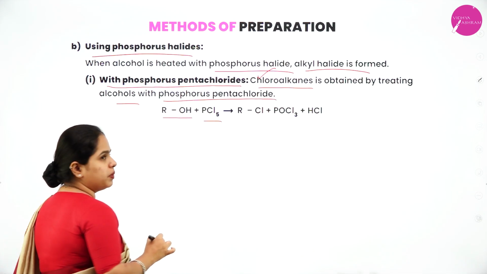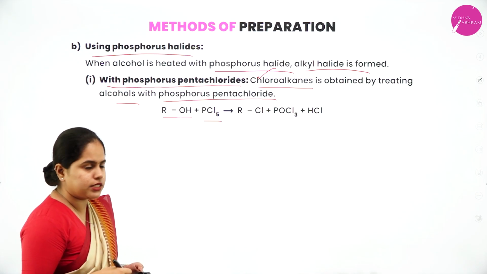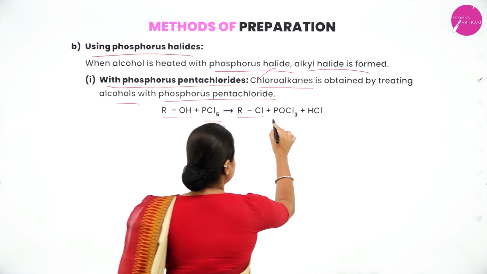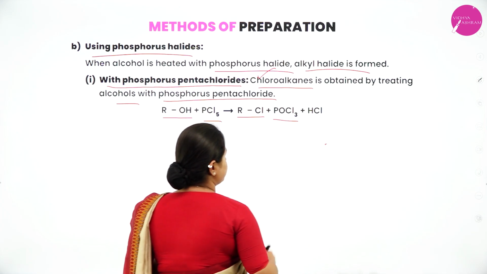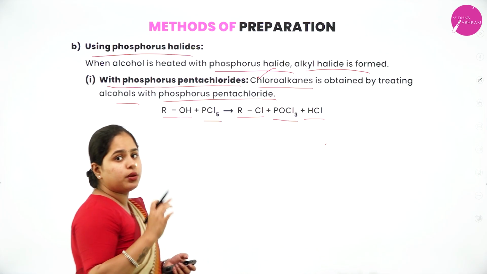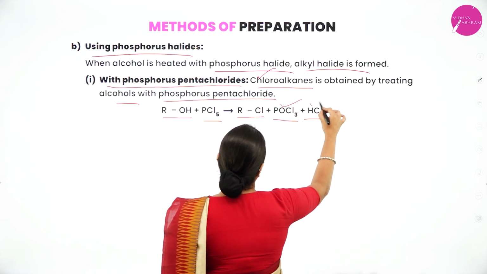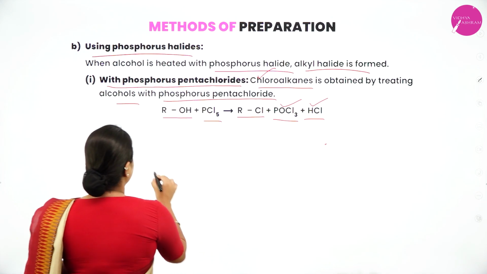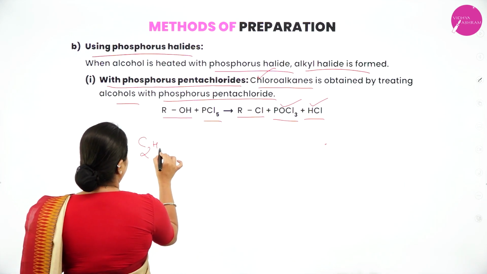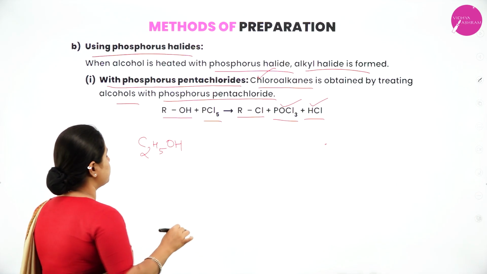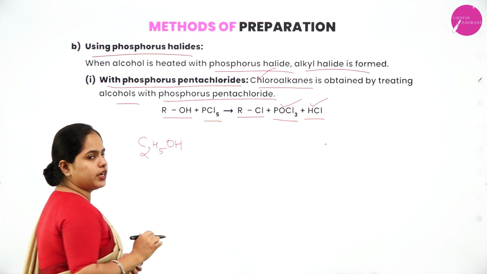When it reacts with PCl5, haloalkane is formed, POCl3 is formed, and HCl is formed. It is important to remember the byproducts as well: POCl3 and HCl. Let's take an example again, C2H5OH, which is ethanol.